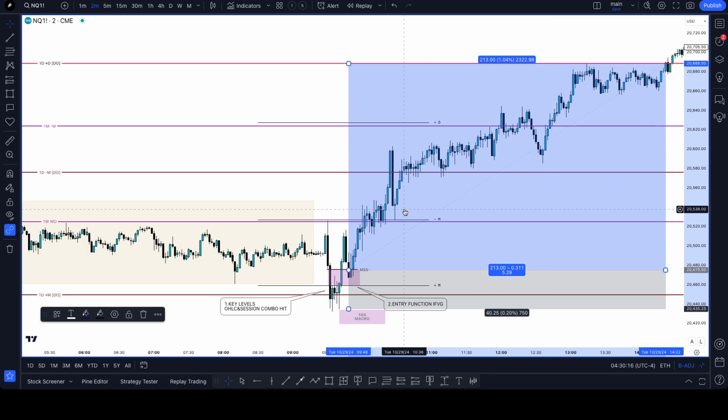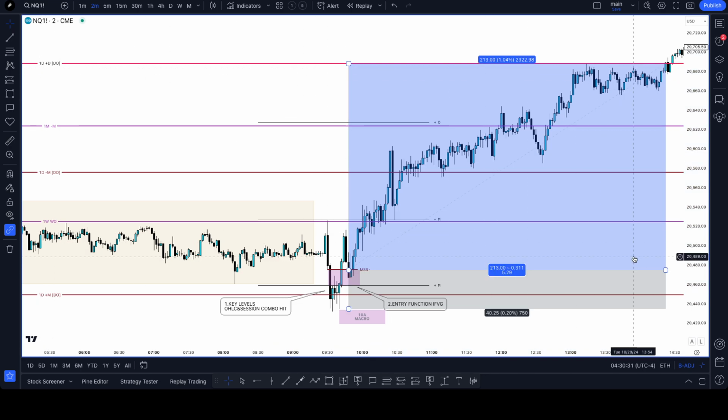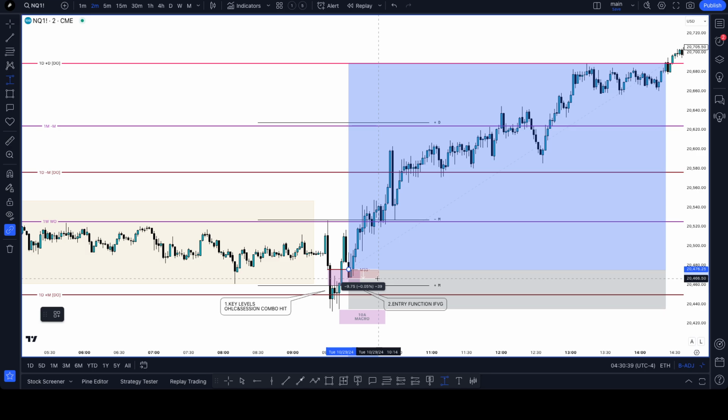As you can see from this inverse fair value gap play, you're able to net a $213 move targeting the daily OHLC distribution level in the top. The maximum drawdown for this trade at the time was going to be about $9.75.